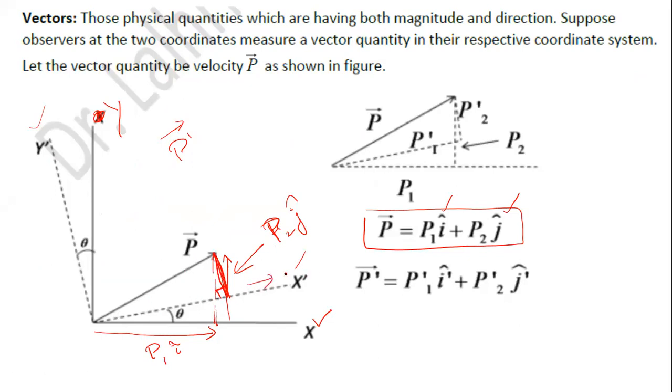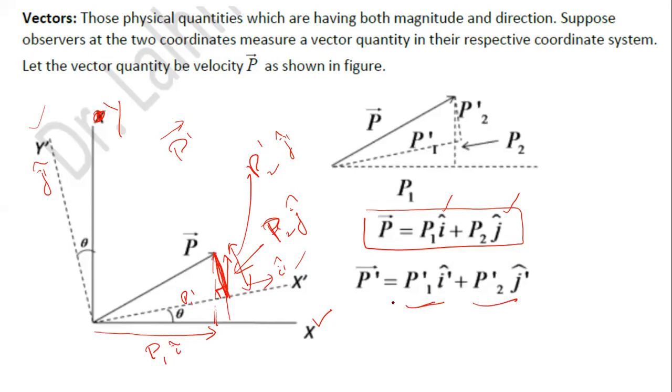Let's say the unit vector along x prime is i prime cap and the unit vector along y prime is j prime cap. The component along i prime cap is p1 prime, and the component along j prime cap is p2 prime. So you can resolve into two components again.